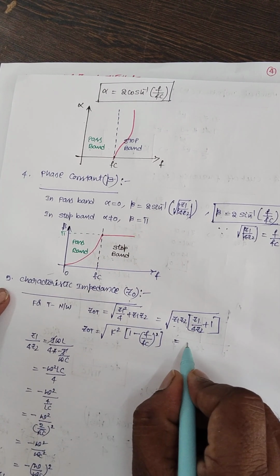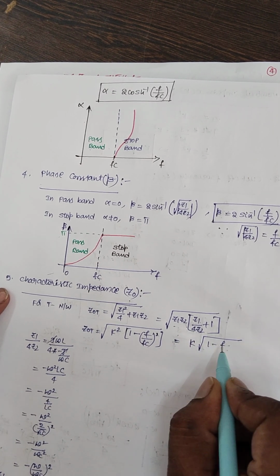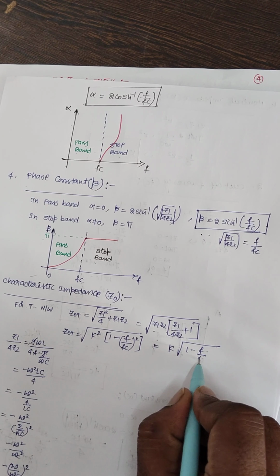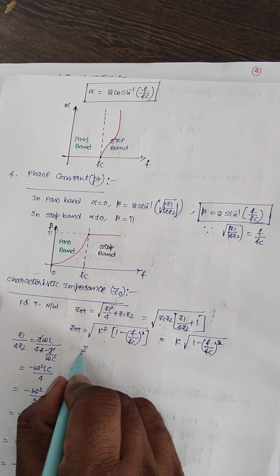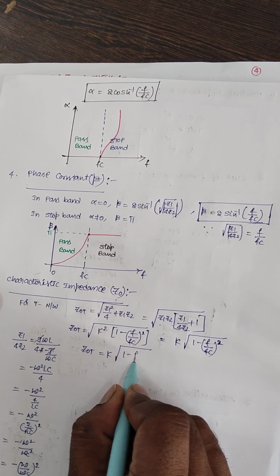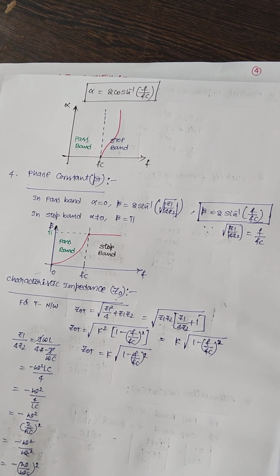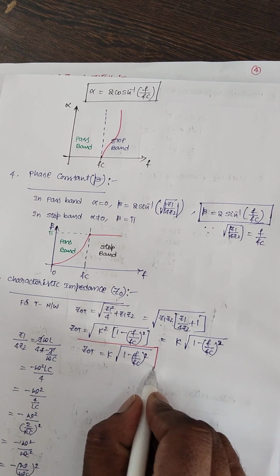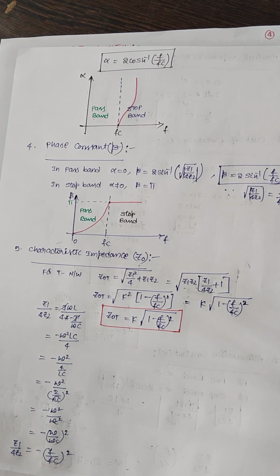So Z0T is equal to K into the square root of 1 minus F divided by Fc whole square. Keep it in a box. It is the characteristic impedance for a T type of network.